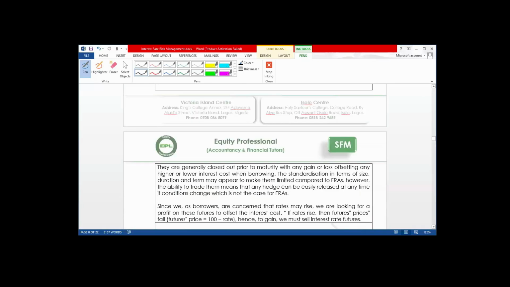They are generally closed out prior to maturity with any gain or loss offsetting any higher or lower interest cost when borrowing. The gain can be used to reduce your high interest cost.